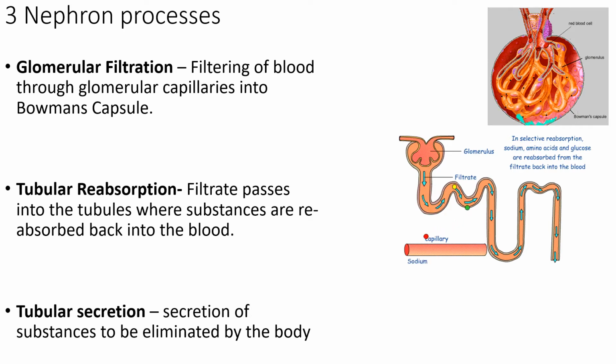If we don't have enough ADH, we'll just have a diuresis, actually. So inability to produce the antidiuretic hormone, which is made in the pituitary gland, would result in a condition called diabetes insipidus. Yeah, so you'd be producing a load of urine, and if you were to drink it, it would taste insipid, because it would be mostly water.